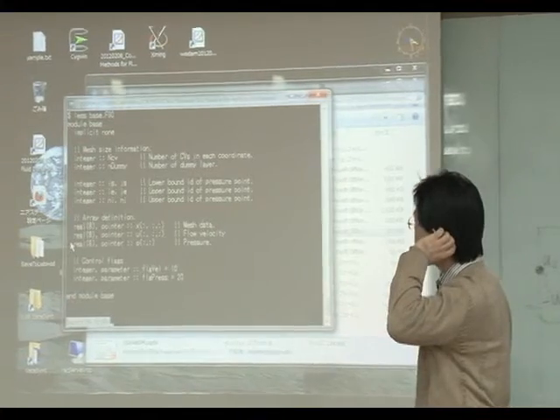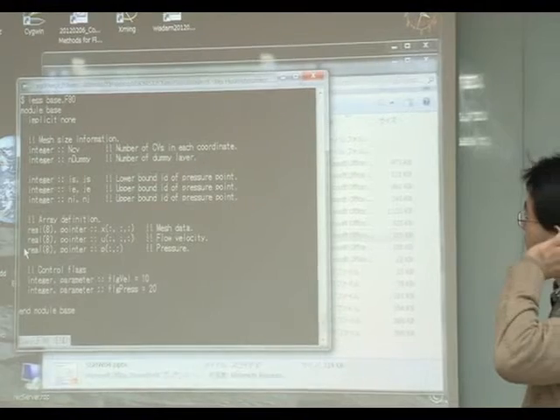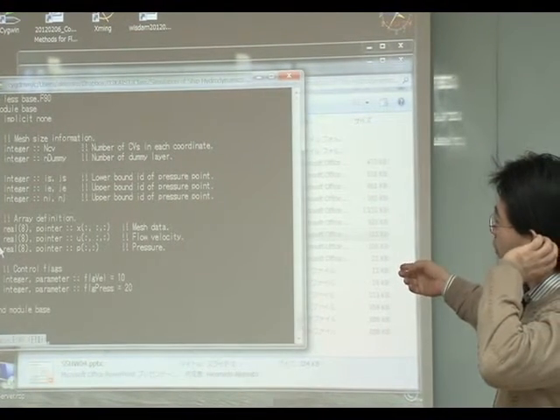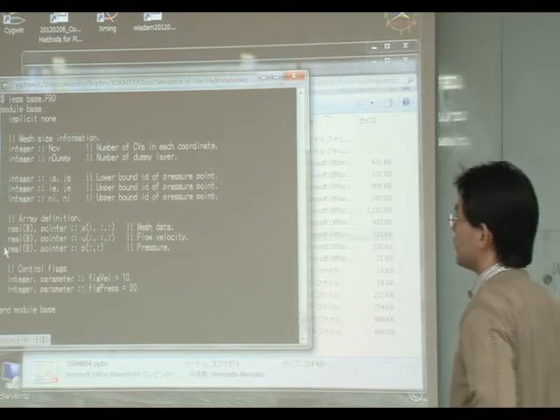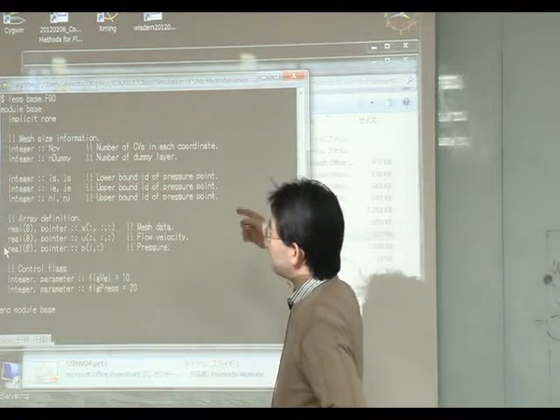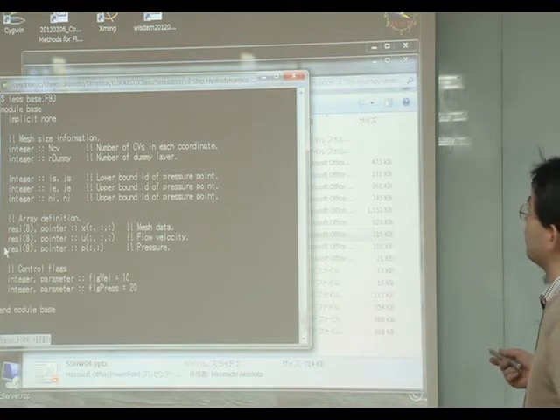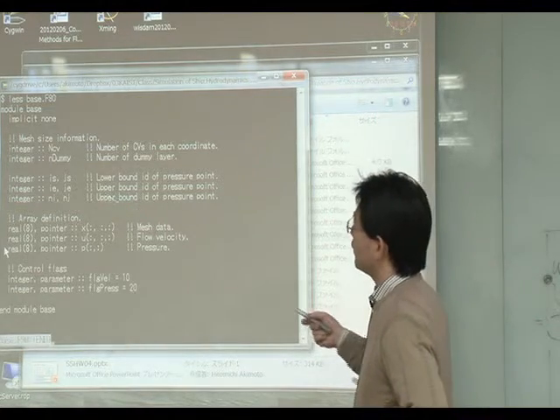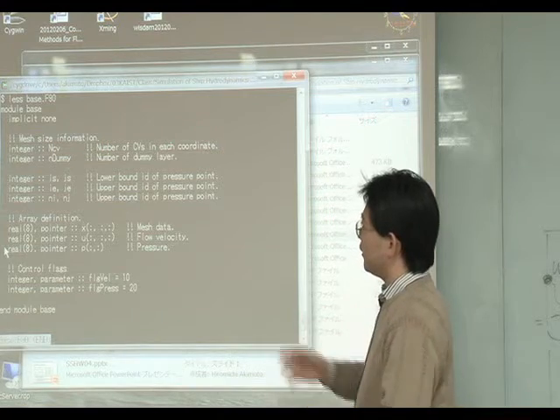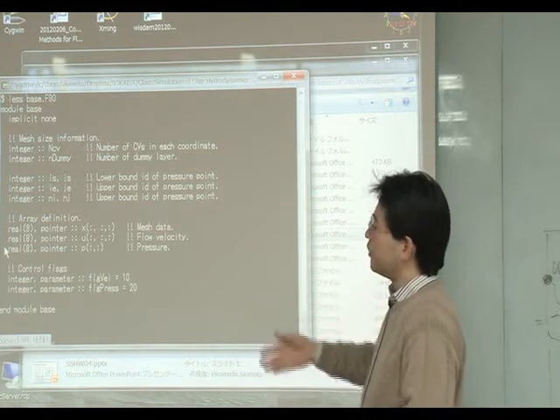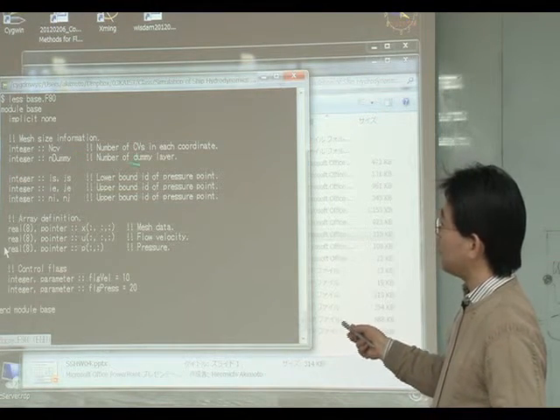I tried to make the basics of variable definitions. In this case, I write it in Fortran language. You will require this kind of variable definitions. This one is the last of today's talk. You have to define the number of control volumes in each direction, x direction and y direction, and the number of dummy layers.